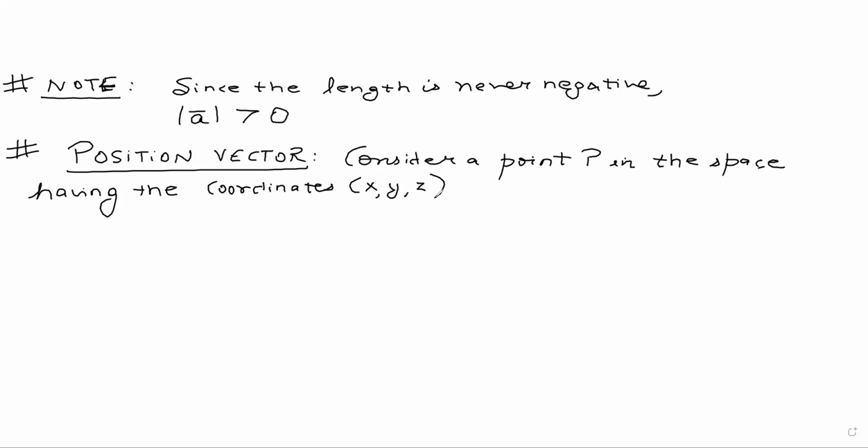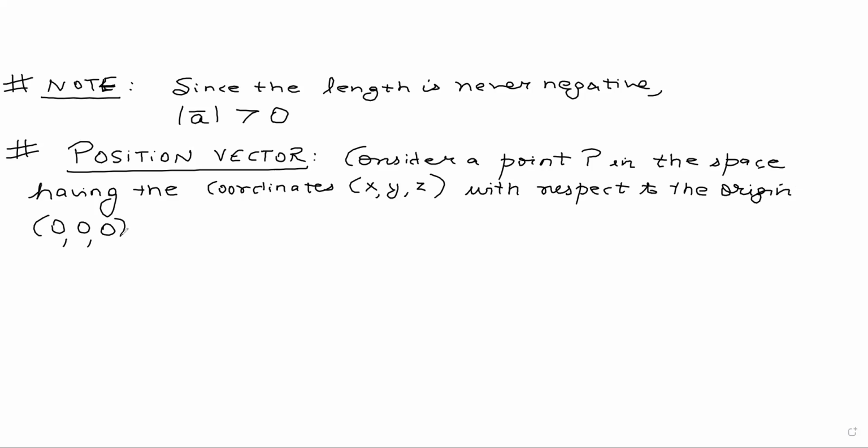You can think of a particle which is floating in the 3D space, and that particle has coordinates x comma y comma z. These are the coordinates with respect to the origin. All of us know in 3D space the coordinates of the origin are 0 comma 0 comma 0.